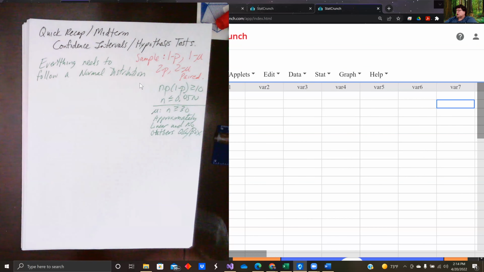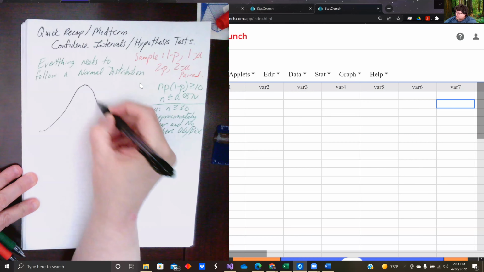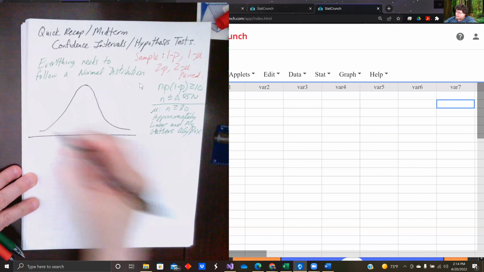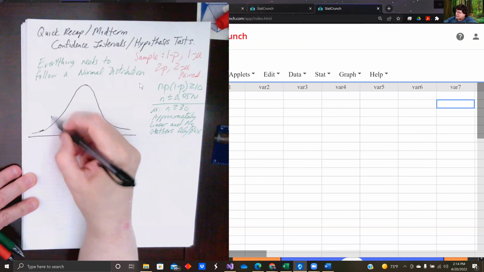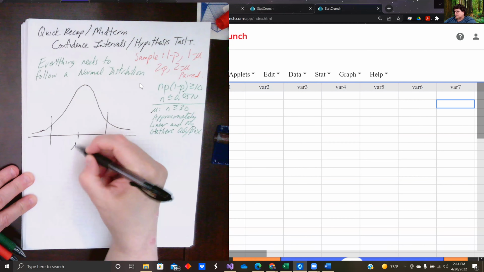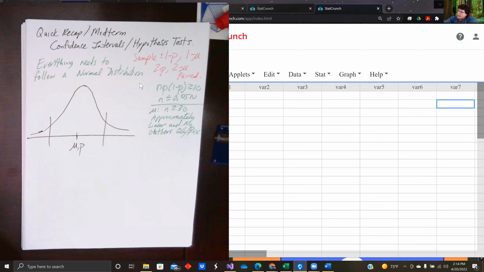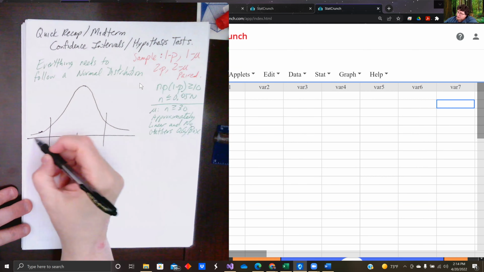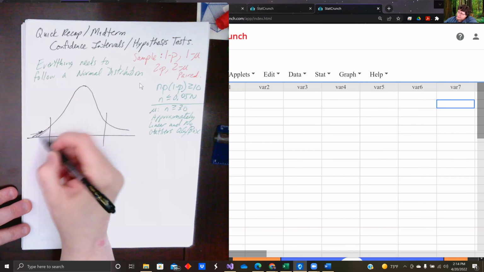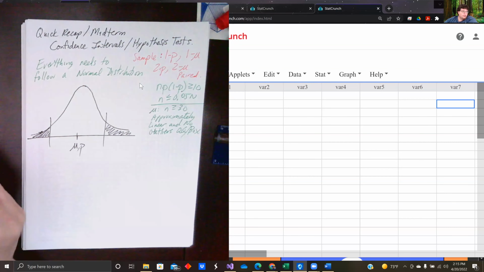We had our nice little bell curve. When it is a normal distribution, we get our normal bell curve, which is what we wanted. And our confidence interval was related to this. The center was the mean or the proportion, whichever one it was. And our confidence interval is outside a certain percentage range. The percentage is based on the area underneath the curve.